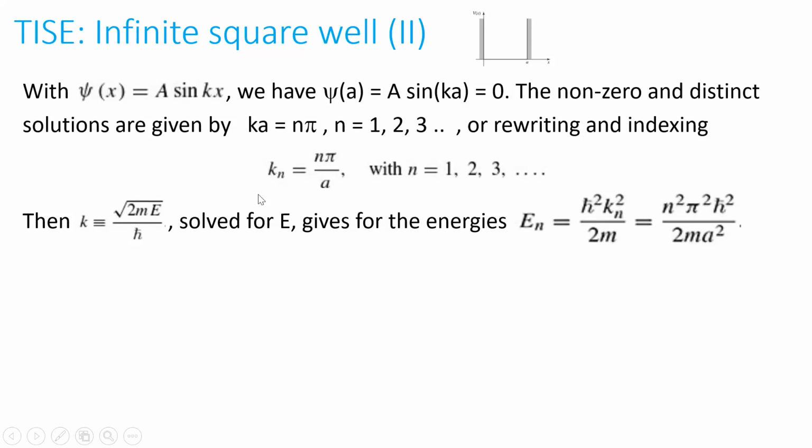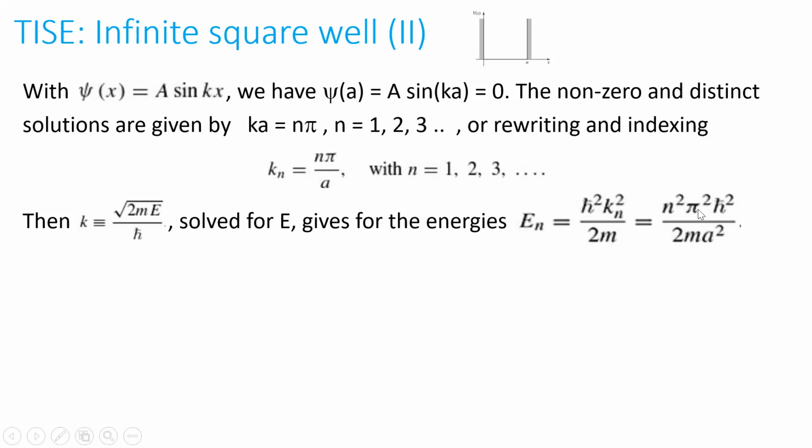So that means if k has restricted values, the energy is going to have restricted values too, because the energy E is directly connected to k. So En would be h bar squared kn squared over 2m, or plugging in for kn, it would be n squared pi squared over a squared times the h bar squared over 2m.